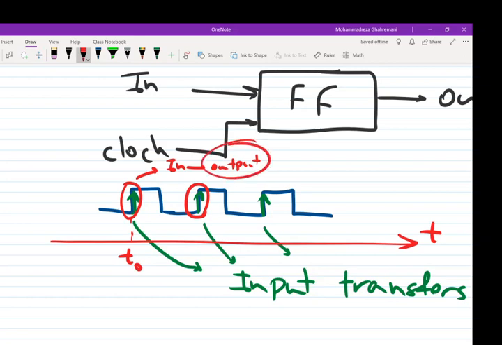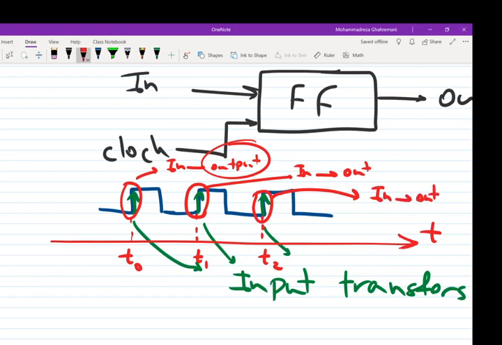It's independent of the input from the first transition to the second transition. At the second transition, which I'm showing with T1, the value of the input again moves to the output. Again the output will be constant regardless of the input until the next transition.